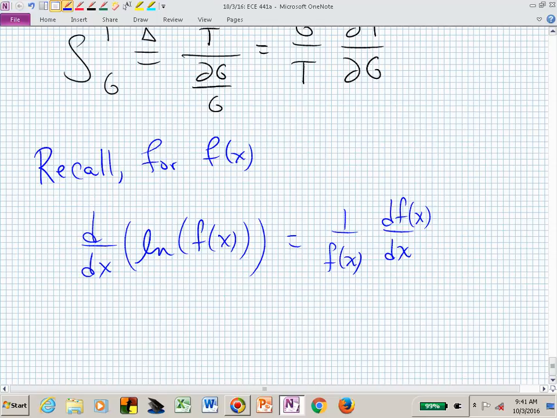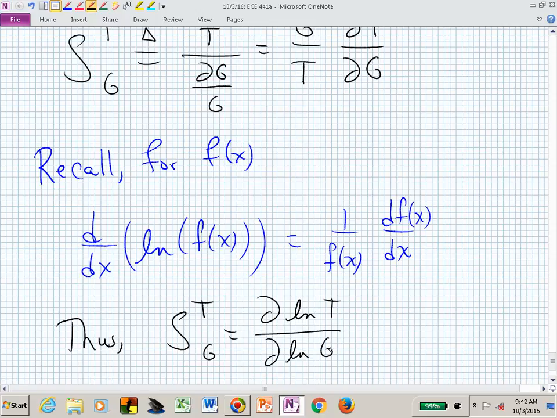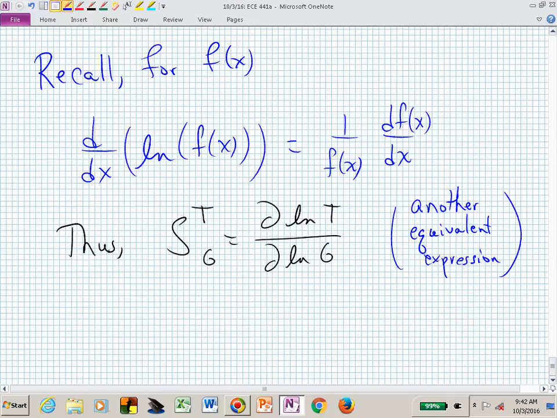So that now, if we did that here, we can now say thus, another equivalent expression for the sensitivity of T with respect to G we can find as the partial of the natural log of T over the partial of the natural log of G. And with equivalent expressions, sometimes it's more convenient to look at one versus the other.